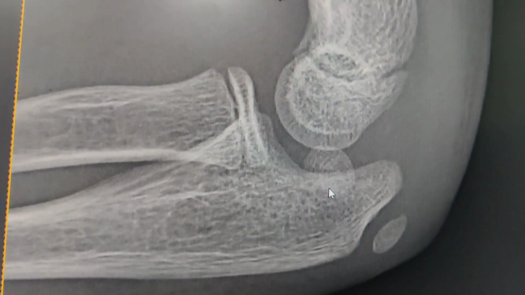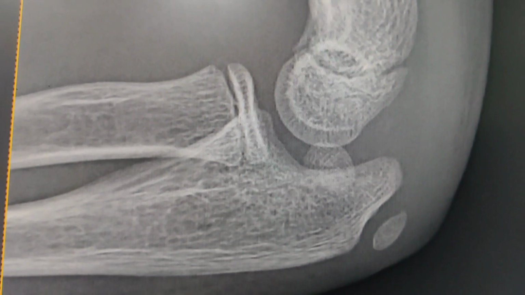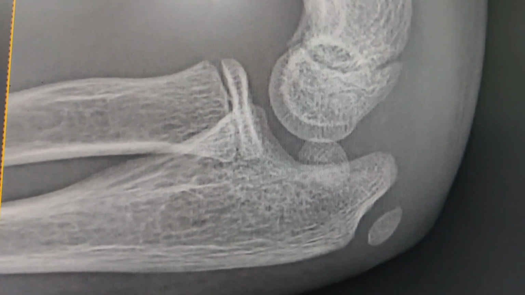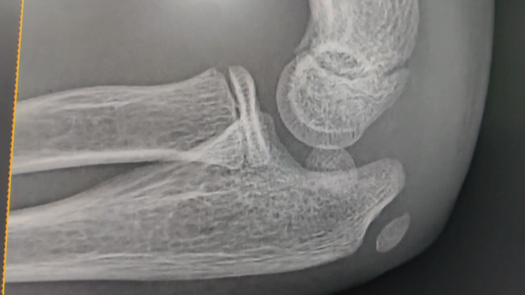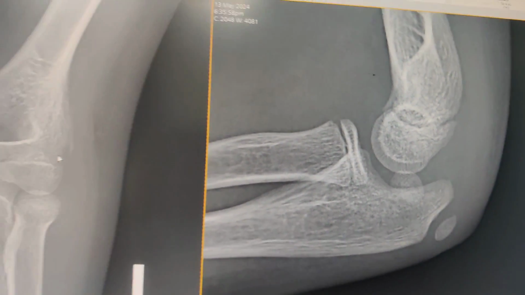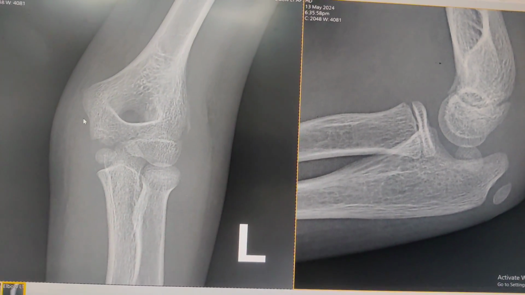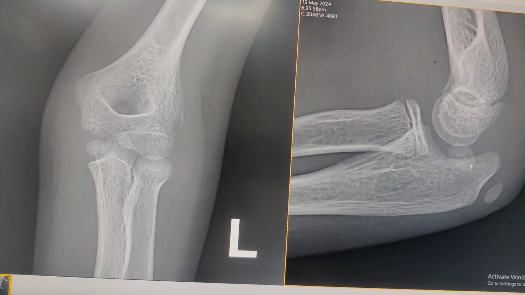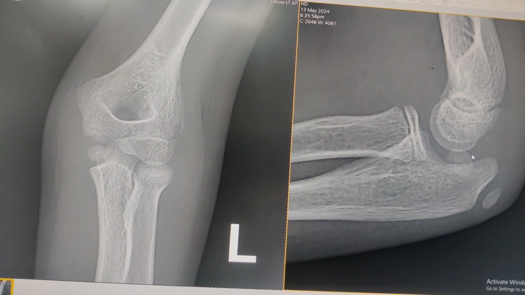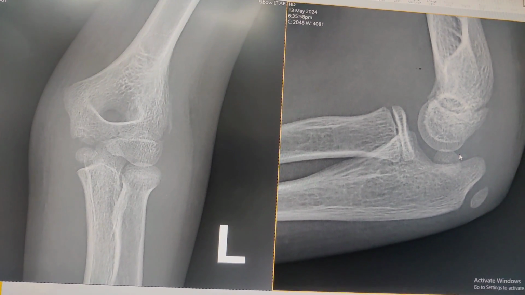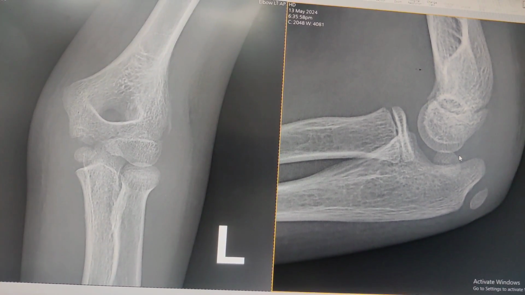So once you take this AP and lateral in combination, it is extremely easy to make this diagnosis. On AP, there is a missing medial epicondyle, and on lateral, the medial epicondyle being stuck here is a giveaway of an incarcerated medial epicondyle.